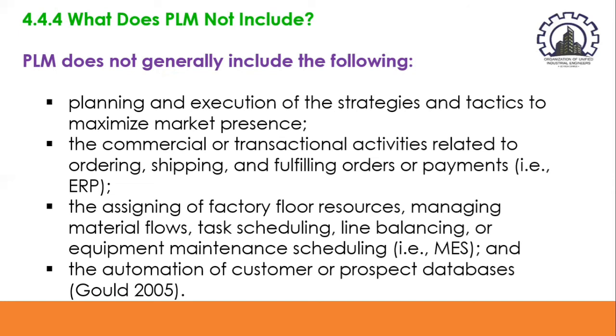So it is not included under PLM as well. Third, the assigning of factory floor resources, managing material flows, task scheduling, line balancing, or equipment maintenance scheduling, such as MES. And finally, the automation of customer or prospect databases.